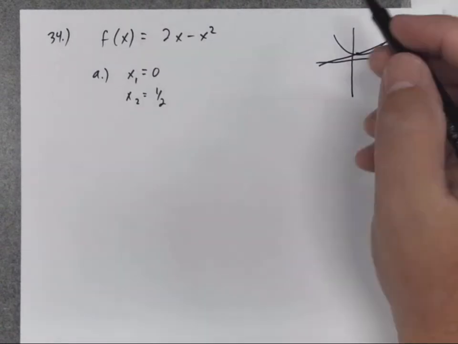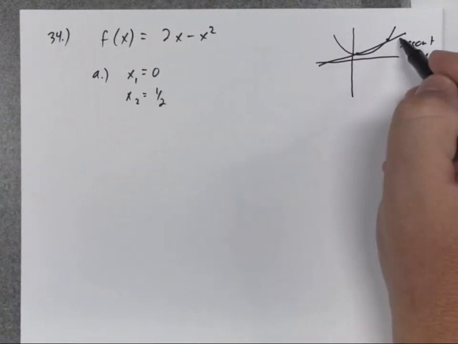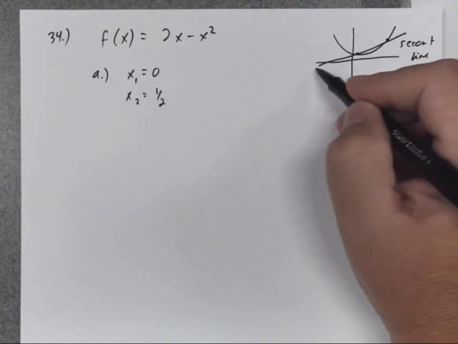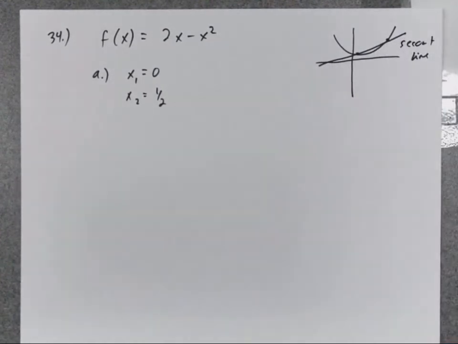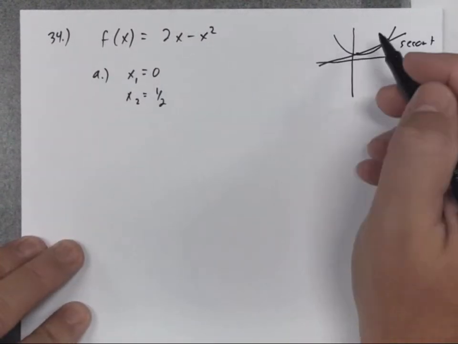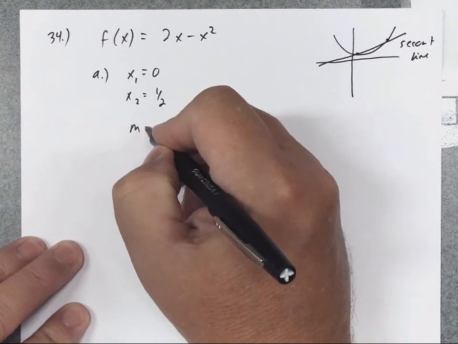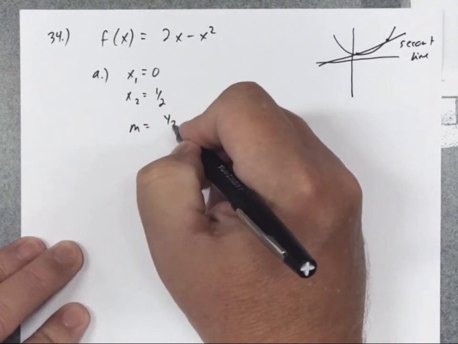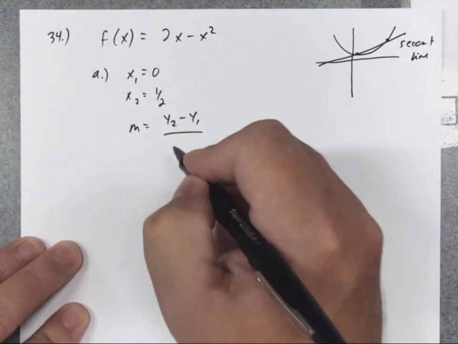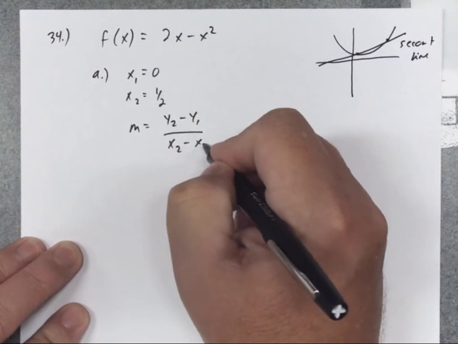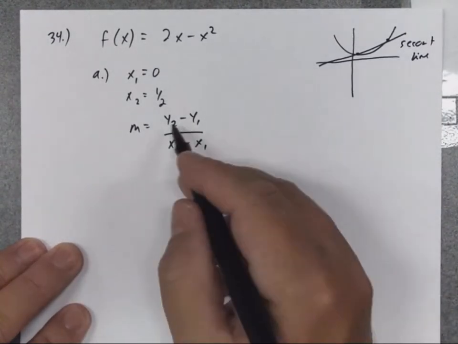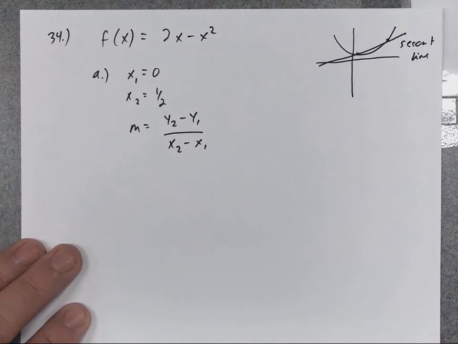And they're saying now, go figure out the slope of the secant line that goes through those 2 points. Well, if I've got a line with 2 points, I remember my slope equation, y2 minus y1 over x2 minus x1. If I've got 2 points, I can find the slope of that line.